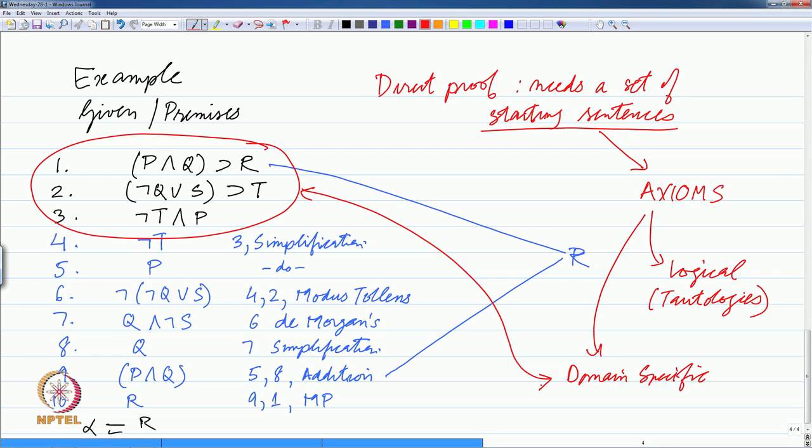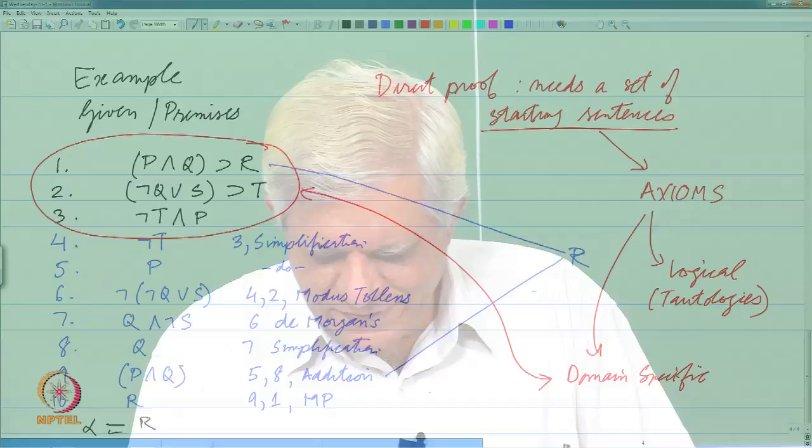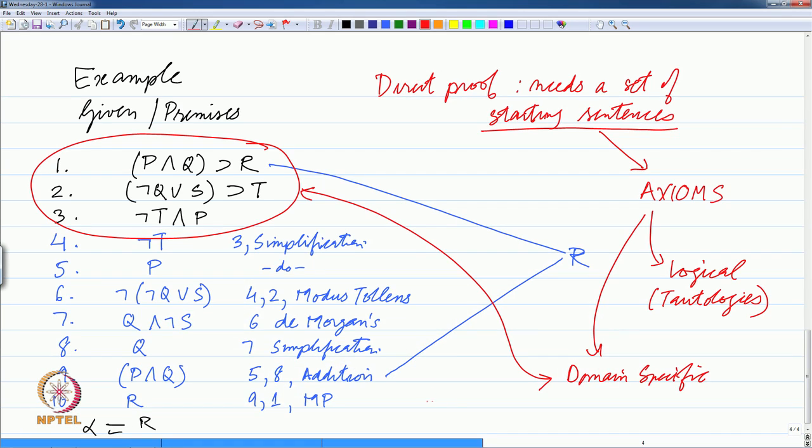We accepted these facts to be true because somebody said that this is true, and in any case we are interested in the entailment question. So, the entailment question we are interested in is: this set of sentences, P and Q implies R, not Q or S implies T, not T and P, entails R. This is the question that we were interested in.